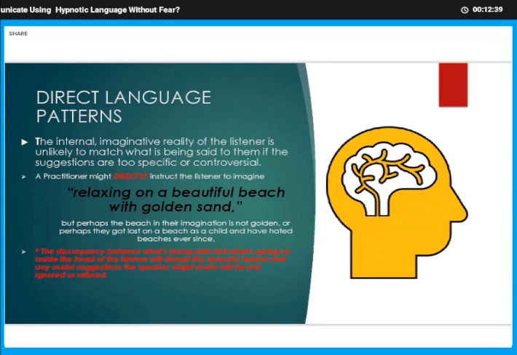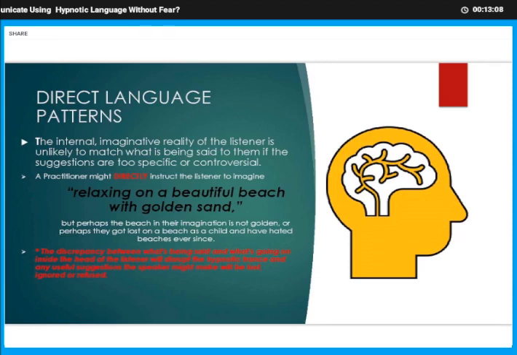Whenever we're talking about direct language patterns, the internal imaginative reality of the listener is unlikely to match what is being said to them if the suggestions are too specific or controversial. So an example of that is whenever a practitioner might directly instruct the listener to imagine relaxing on a beautiful beach with golden sand.